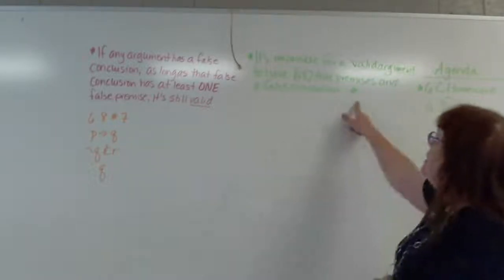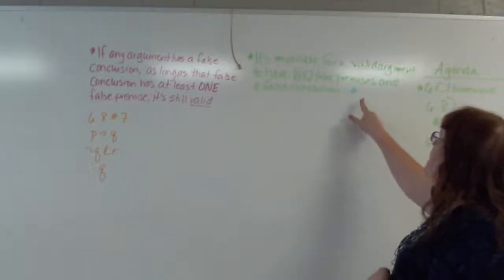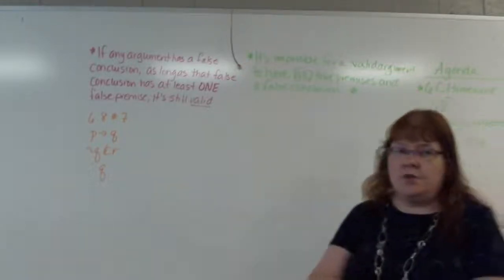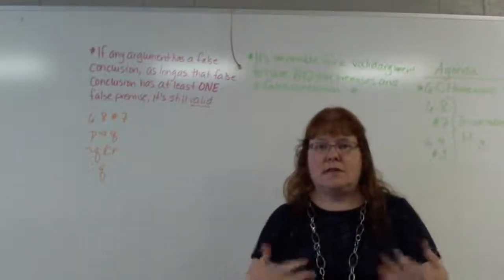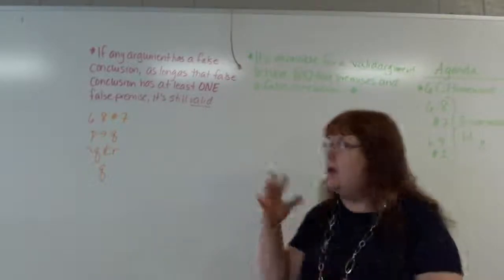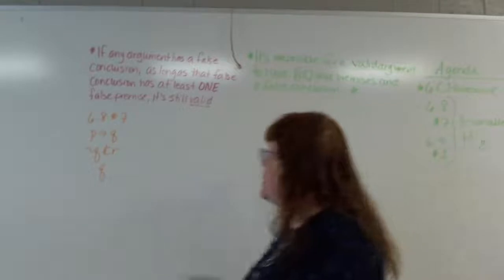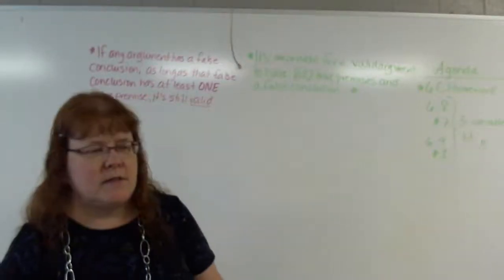And that gets back to the impossible part. If it's possible for your argument to have all true premises but a false conclusion, then it's invalid. However that makes sense to you, great, use that. They both mean the same thing, they're just coming out different ways.